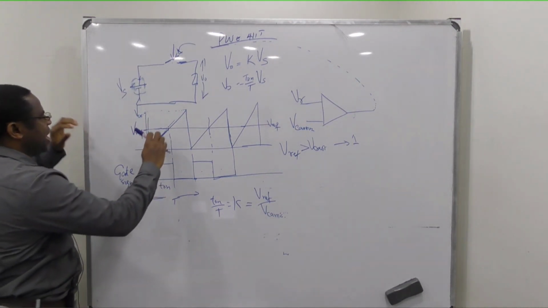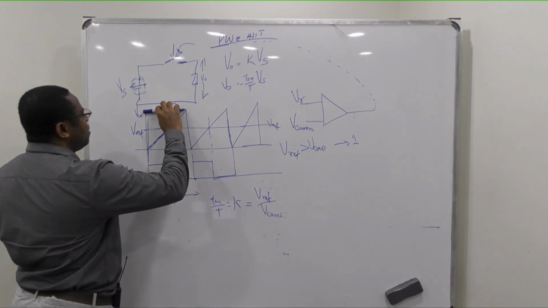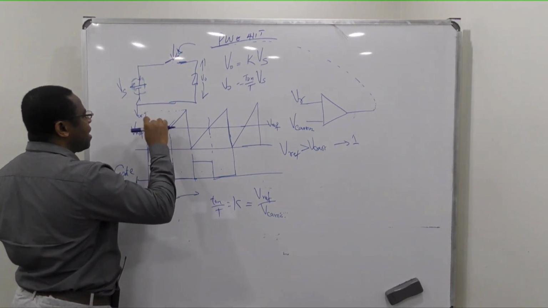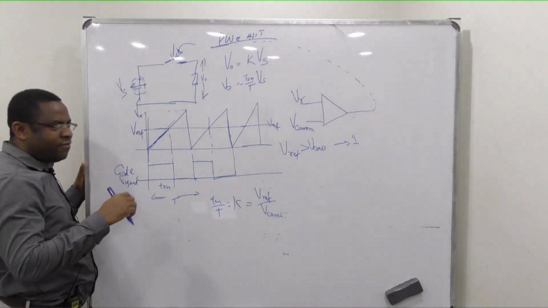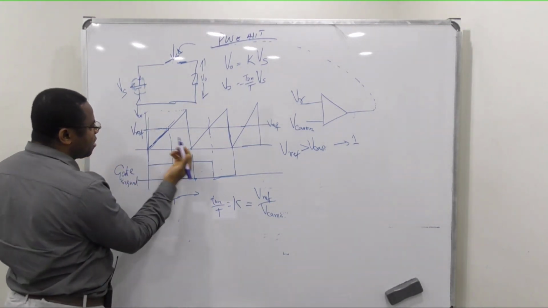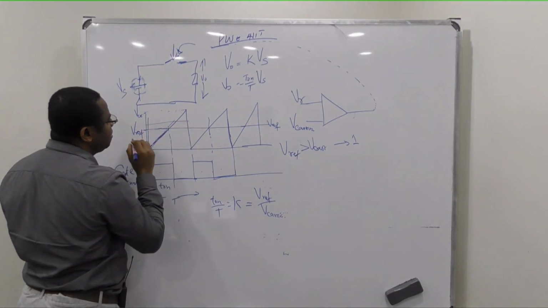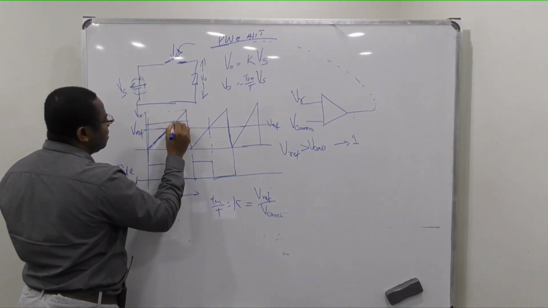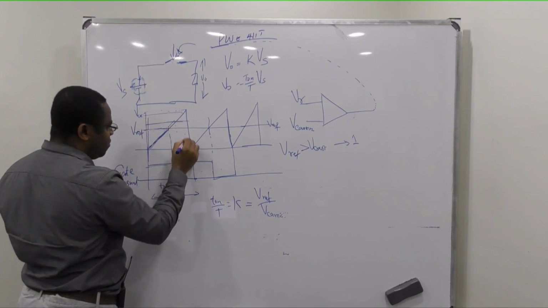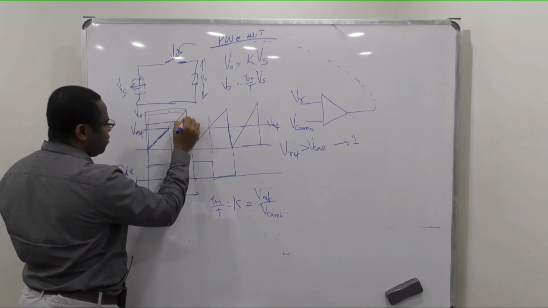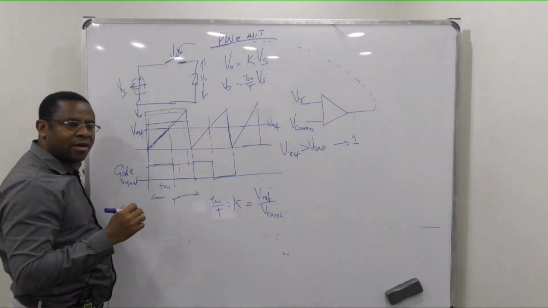If you shift this up to where Vref and V carrier are the same, then you have duty cycle 1. Remember what I'm saying: if you increase this, that will also increase, until you get to this point, where you can have full duty cycle 1.